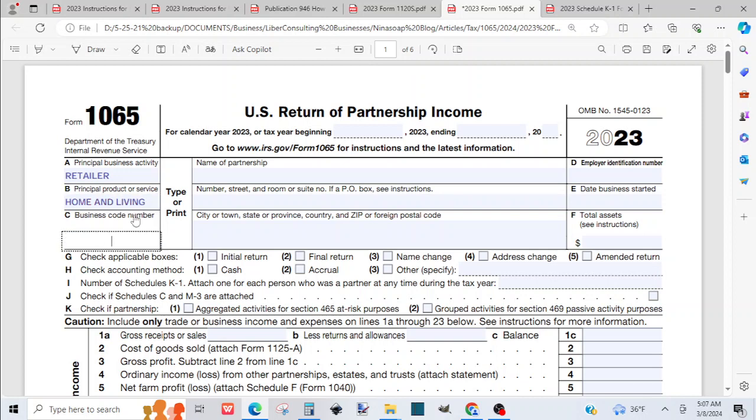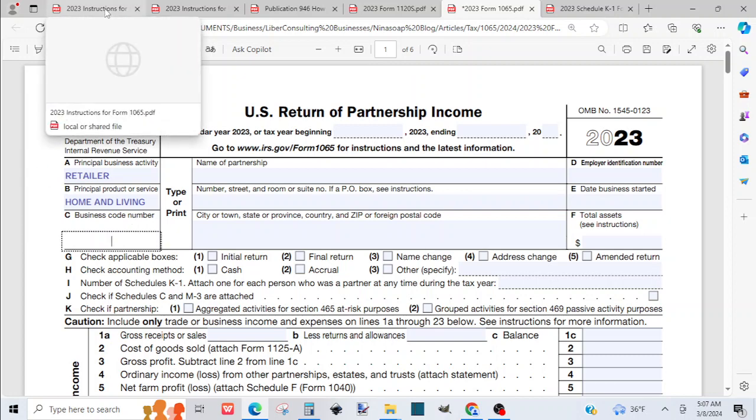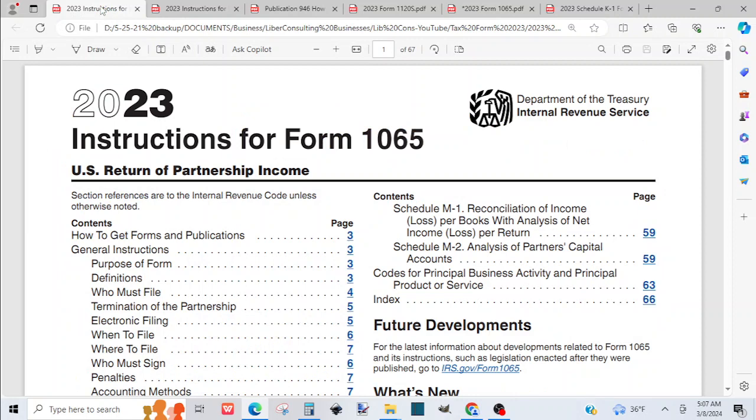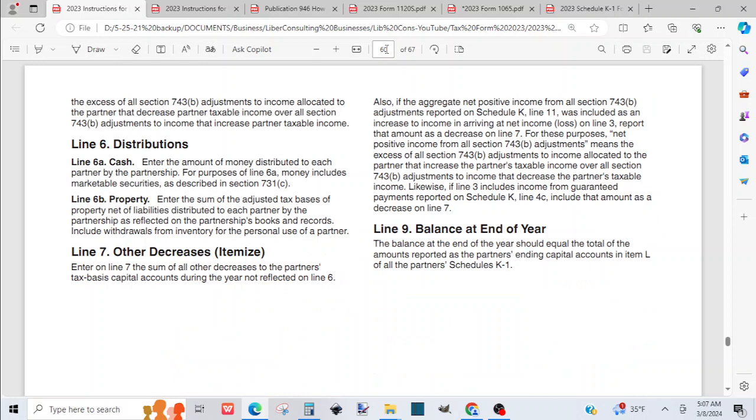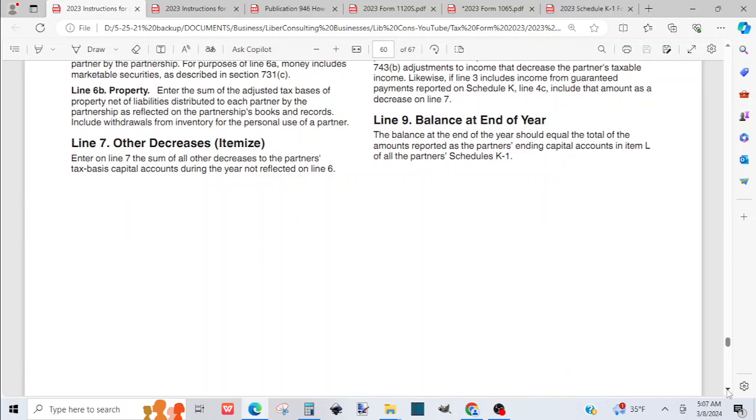For the business code number, we do have a few videos on how to find the business code for your business. But if it's not the first year you are filing for your business, you could use the number you used the previous year.